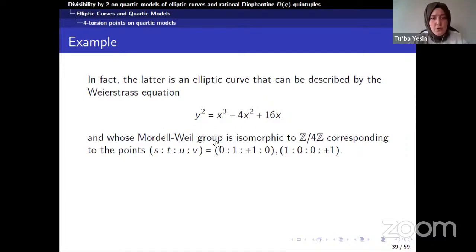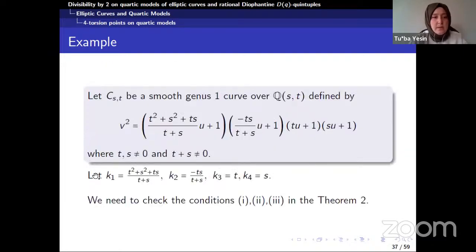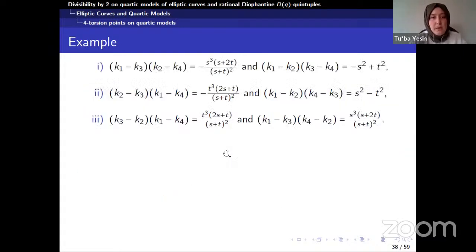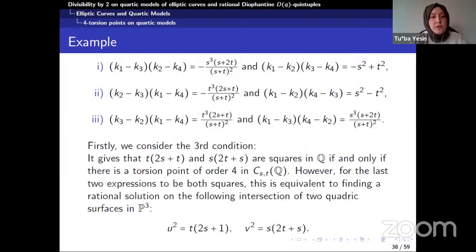And the Mordell-Weil group is isomorphic to Z over 4Z, and the corresponding points STUV are here. Okay. But here there's a problem, because with this, the corresponding S must be 0 from here, and in the second one T must be 0, and we assume that S and T cannot be 0. So by the first condition, we can say there is no four torsion point.